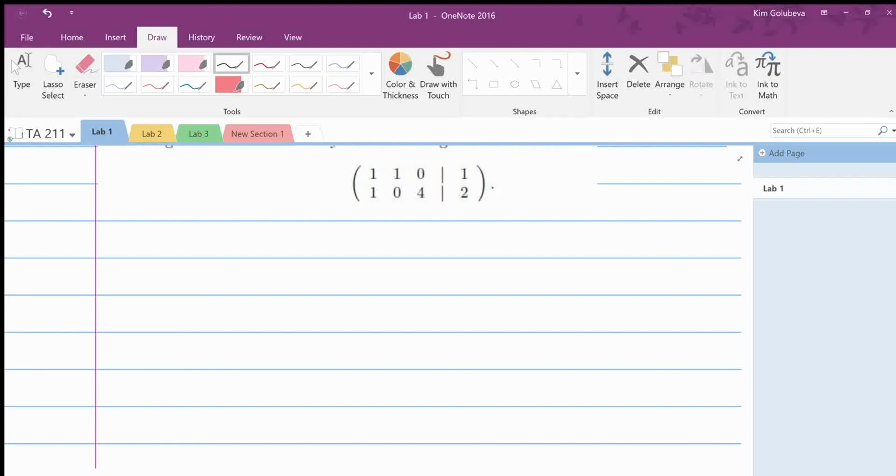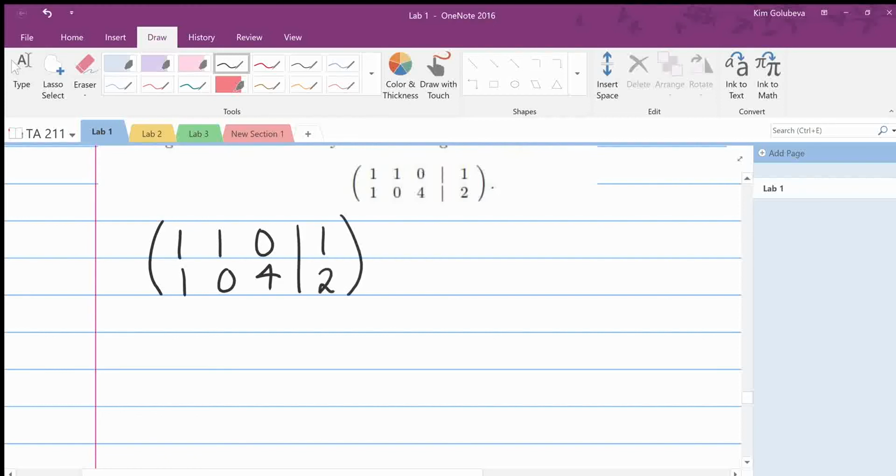So we have a system here. And remember, we want to bring our system to row echelon form or reduced row echelon form. So we want it to eventually end up looking something like this if possible.